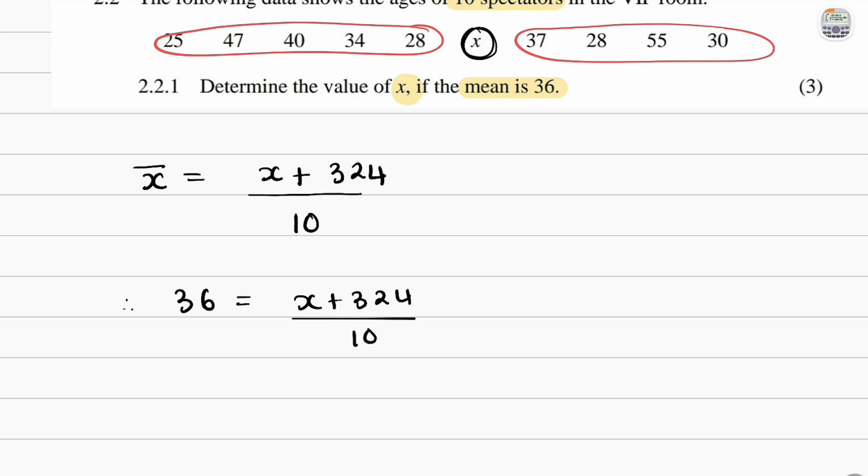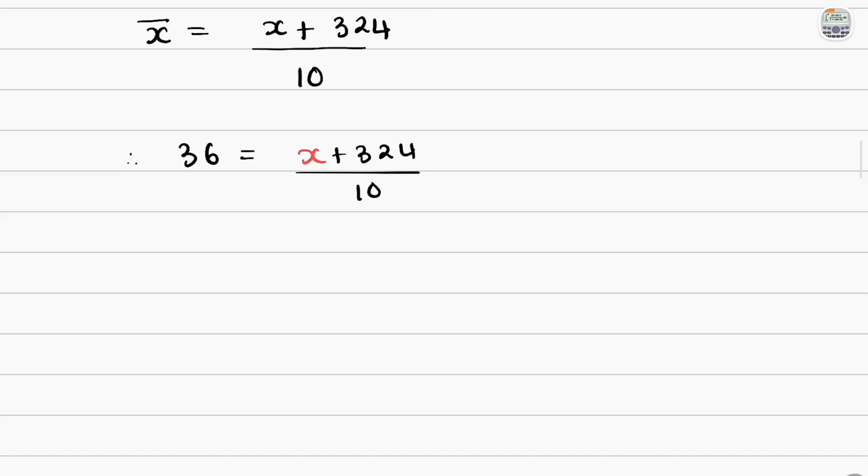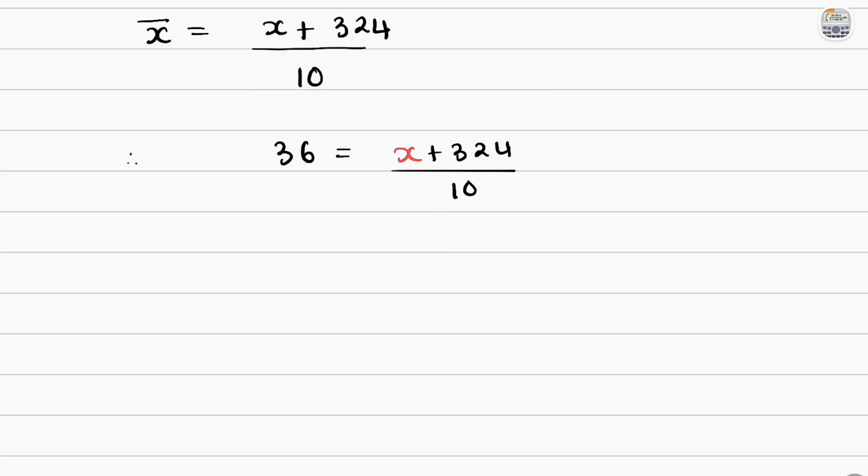And then how do we get to the x? We get to the x by first getting rid of this 10 in the denominator. So to get rid of that 10, you're simply going to multiply by 10. Okay, so multiply by 10, but this is an equation. What you do on one side, you must do on the other side. So this becomes 360 equals x plus 324.